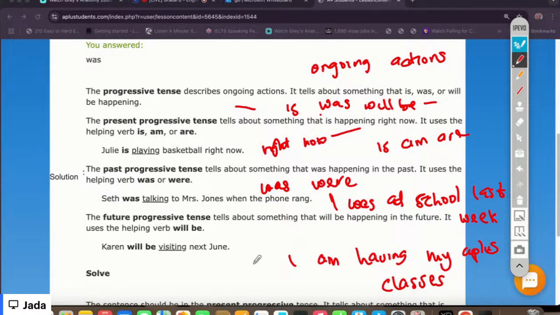All right. And then for the future progressive tense, it tells about something that will be happening in the future. It uses the helping verb will be. So the future progressive tells us about something that will be happening in the future. That means it didn't happen yet, but it will happen in the future.